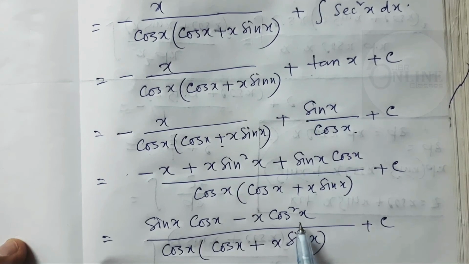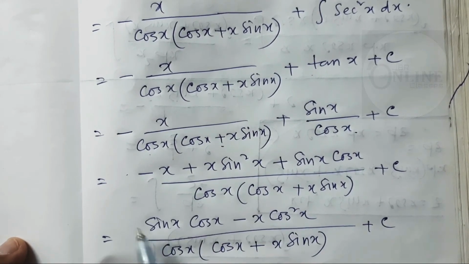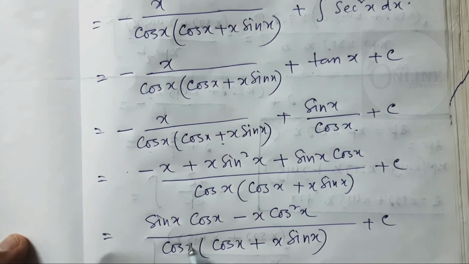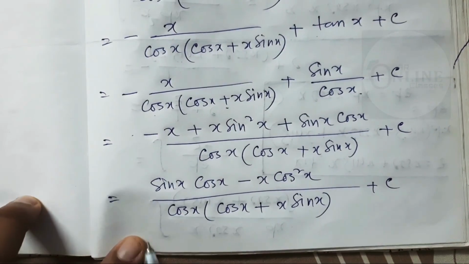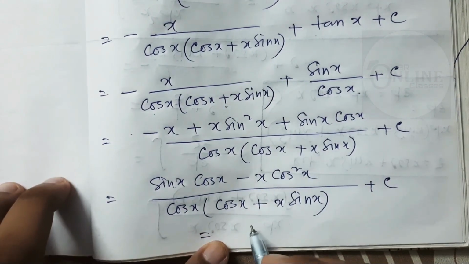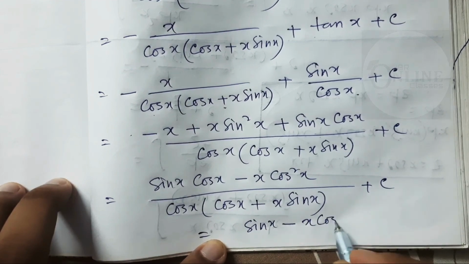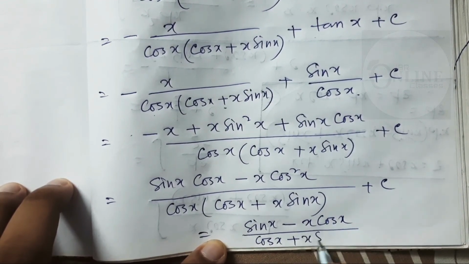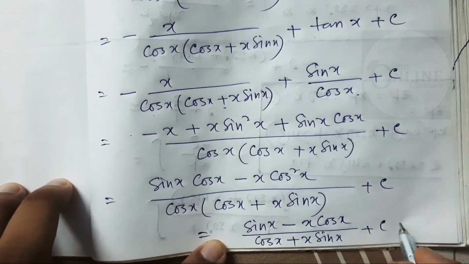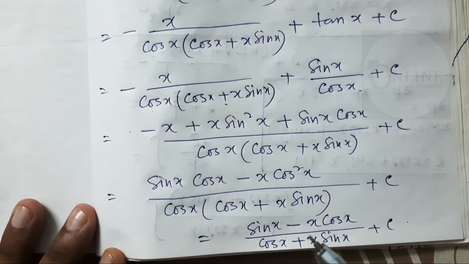So here if you take cos x common, that cos x will get cancelled with this cos x. So finally you will have sine x minus x cos x divided by cos x plus x sine x plus c. So this will be the final answer. Okay, so these are just calculations, you can do it on your own.